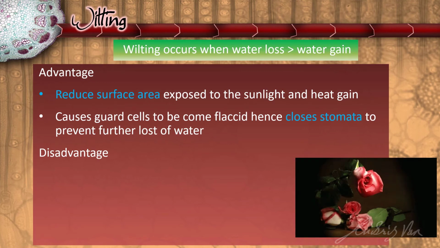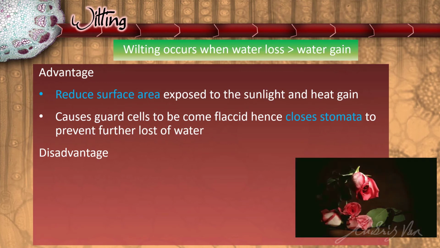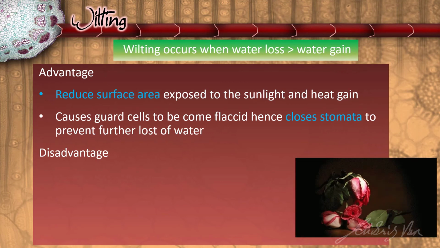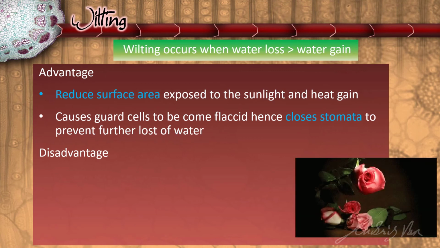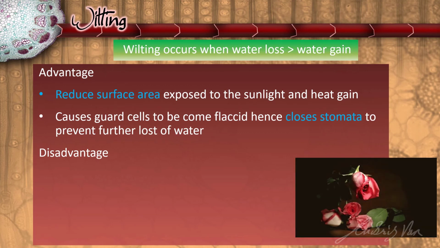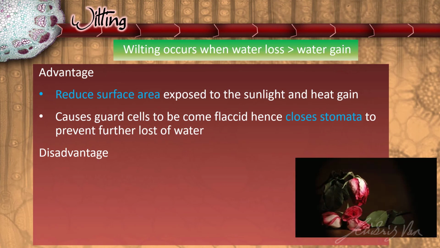Now, it is important to take note that water is an important component or raw material for photosynthesis. So if you are losing more water than you are gaining, maybe you should not be using the water that you have left for photosynthesis. So closing the stomata is actually a good choice because why bother about making food when you are dying? You need to keep yourself alive.